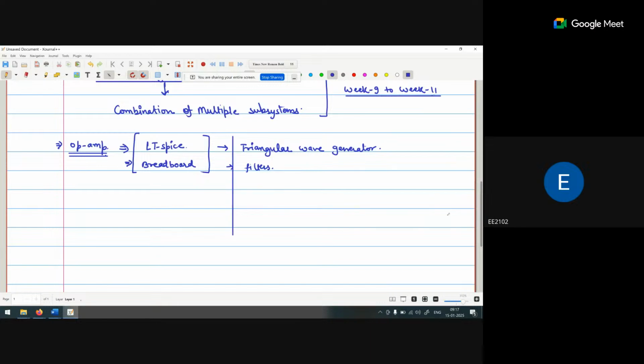So you design these six experiments with the help of the operational amplifier, one on the LTspice software and second on a breadboard. So that is your lab part. That will be taken separately.